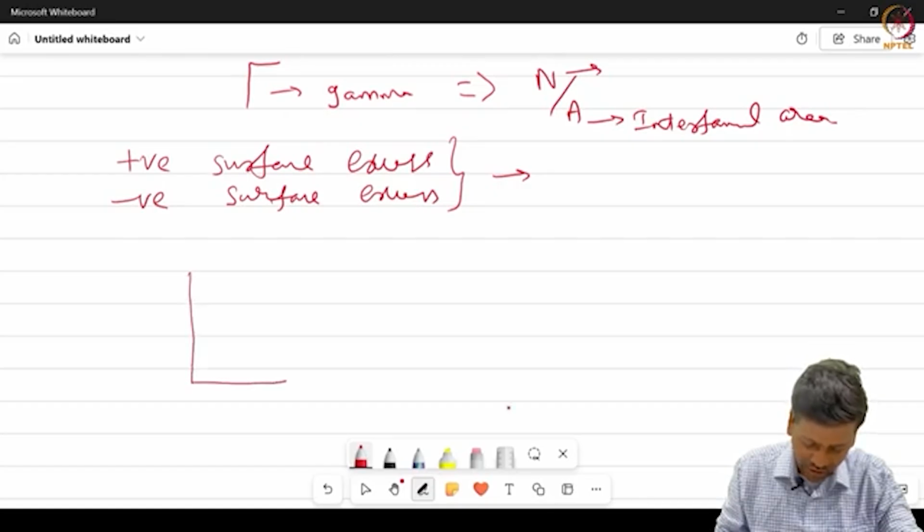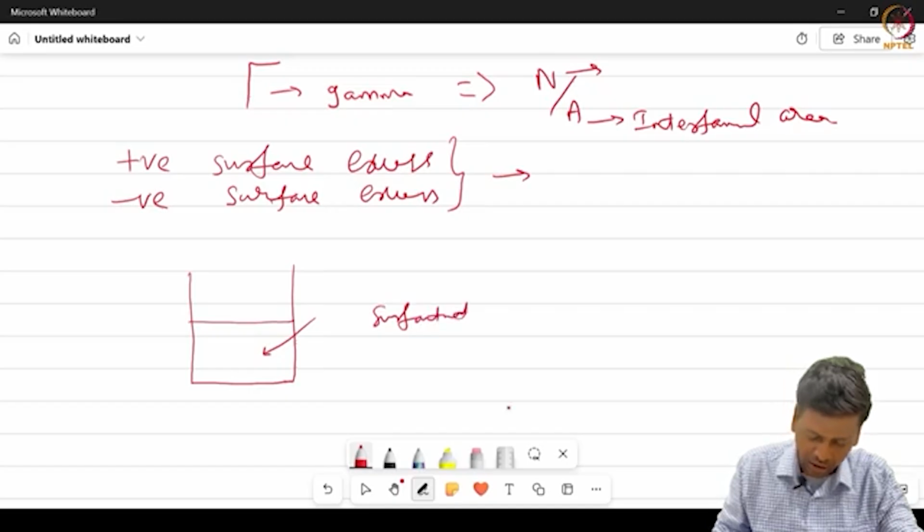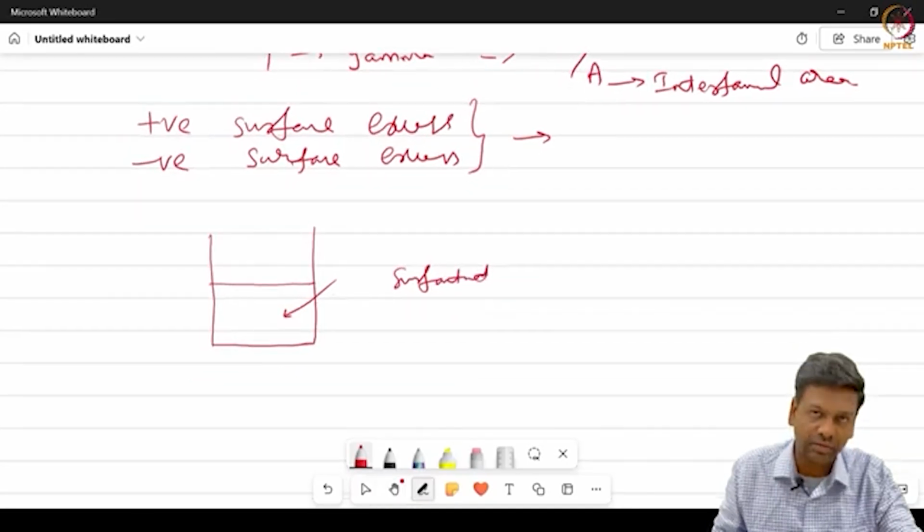Let's first understand the positive surface excess. Let's say you have a beaker, and you want to add some solute molecule like a surfactant. As soon as we add the surfactant into the medium, it has a tendency to go to the interface and adsorb at the interface.